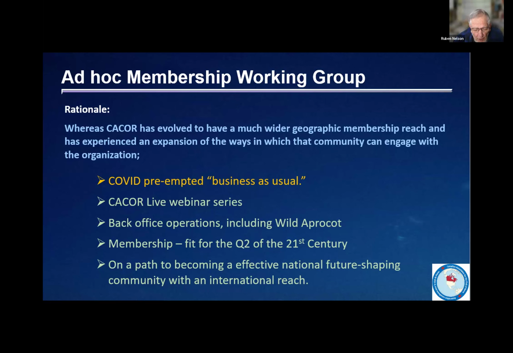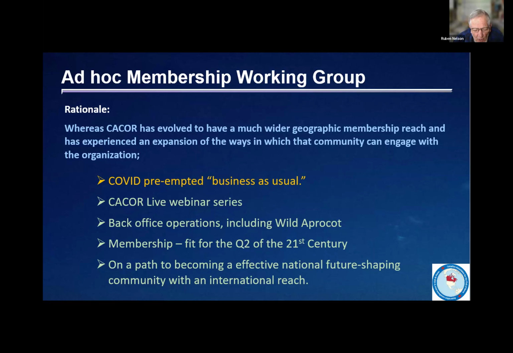And that's really important. But it has fundamentally changed our model and our ambitions, so that we know that COVID preempted our business as usual model.